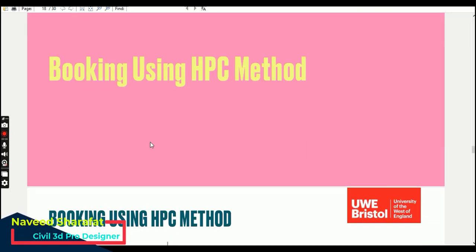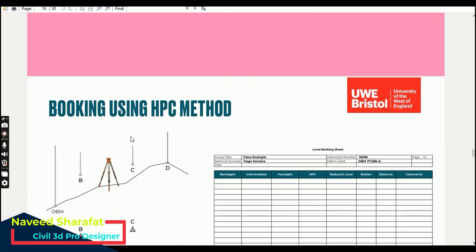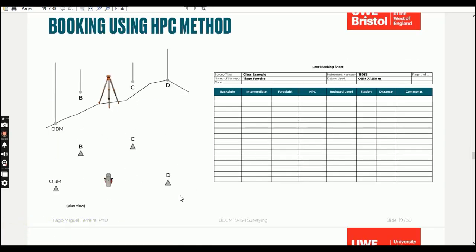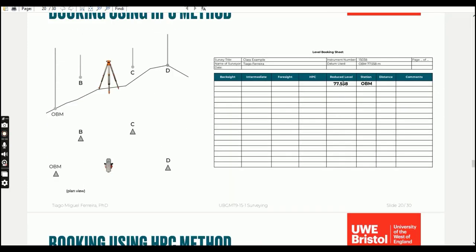How can we use booking by the HPC method? For example, we have a real-time example. We have a site with some points like OBM, points B, C, D, and then we have a leveling book to put all the readings like that. OBM has an elevation of 77.558.